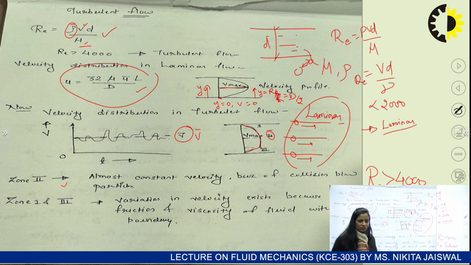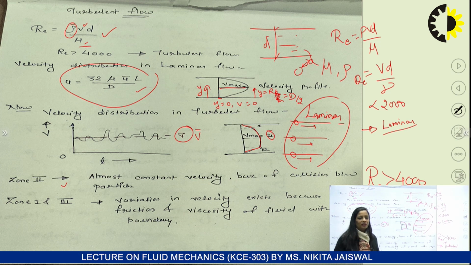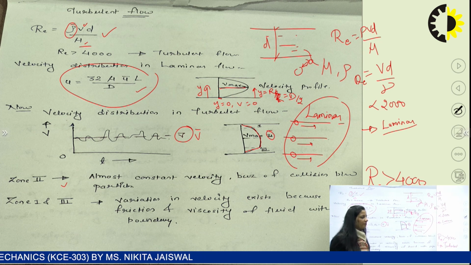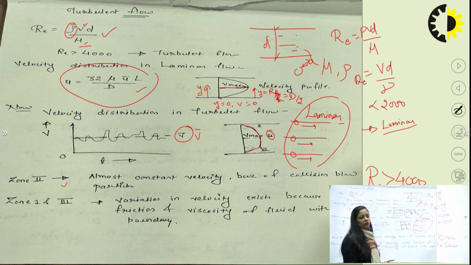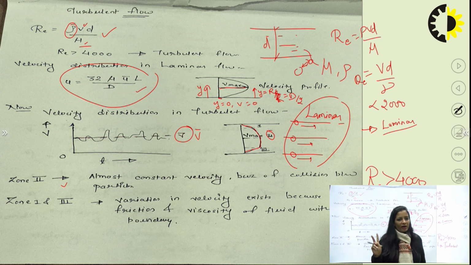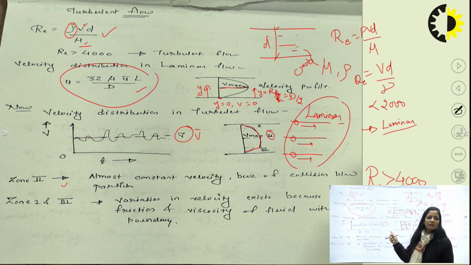The pipe boundary has adhesion, or you can say friction, with the layer of water. Because of that friction and also the inherent property of fluid, that is viscosity, we got this velocity variation as shown in zone number 1 and zone number 3.